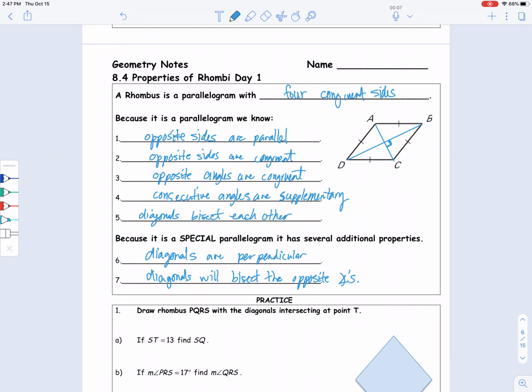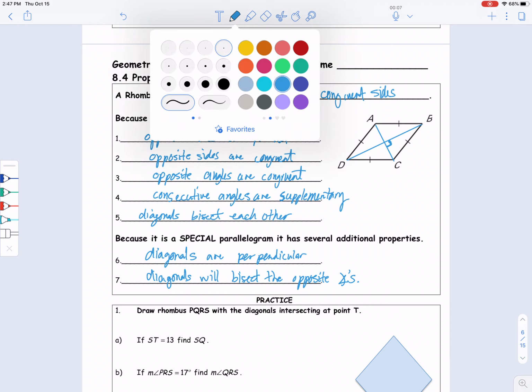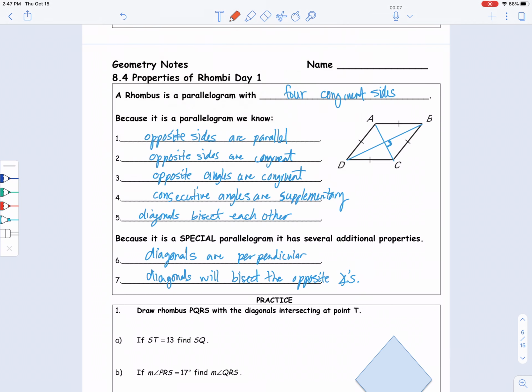And then also it says the diagonals will bisect the opposite angles. Okay, so that means this angle will be congruent to this angle. They're getting bisected.